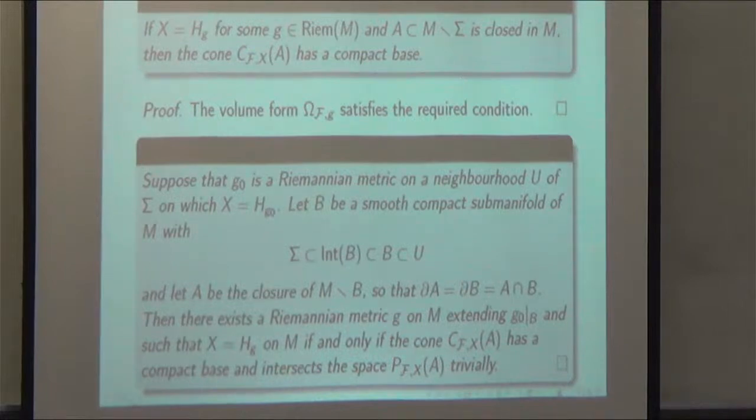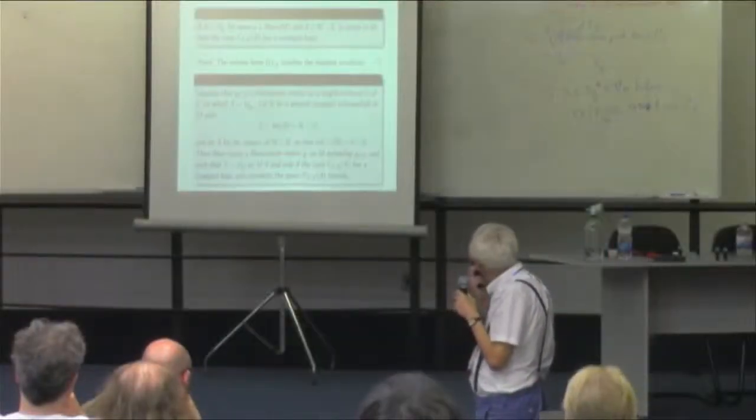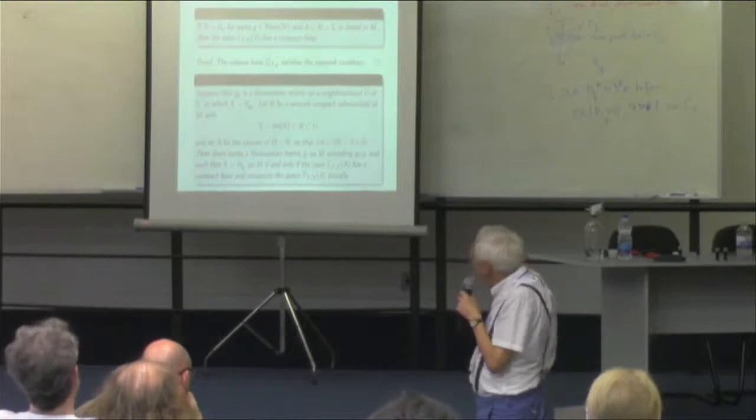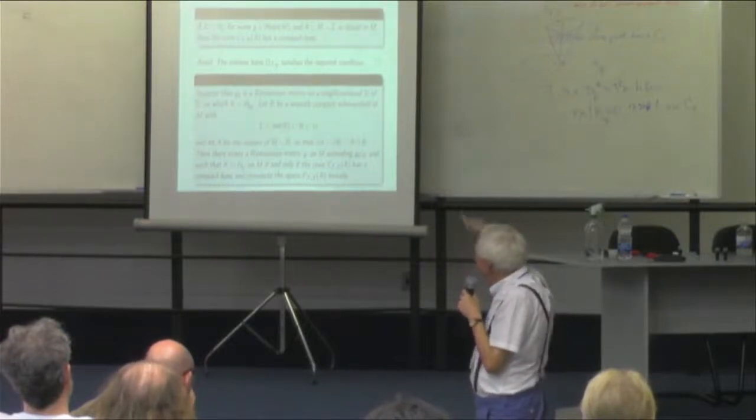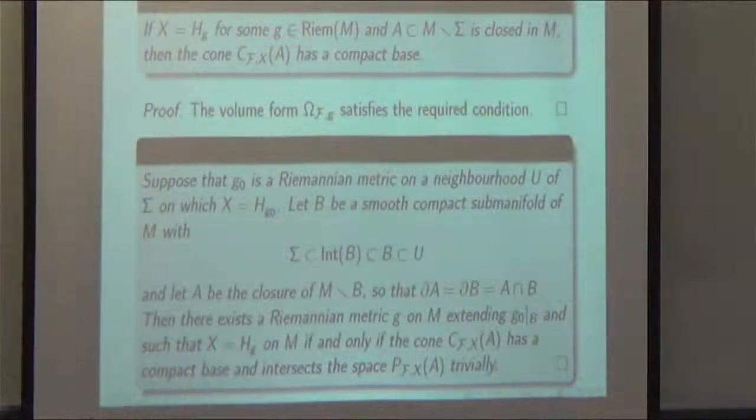One of the main theorems in this paper is the following. Suppose we have a Riemannian metric on a neighborhood U of the singular set sigma, such that X is equal to H0 on U, and we can find a smooth compact submanifold B of M, with boundary, such that its interior contains the singular set and it is contained in this neighborhood U. A denotes the closure of M minus B, so they have the common boundary.